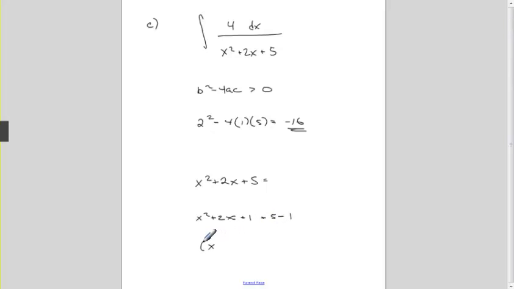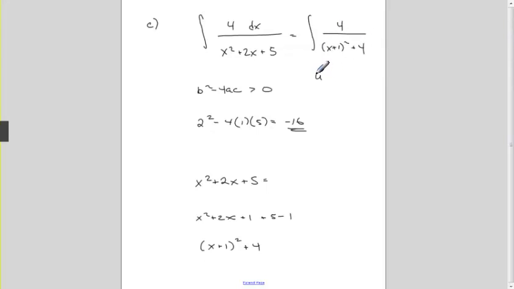So this would become x plus 1 quantity squared plus 4. So this original integral would be 4 over x plus 1 squared plus 4, which is 2 squared.